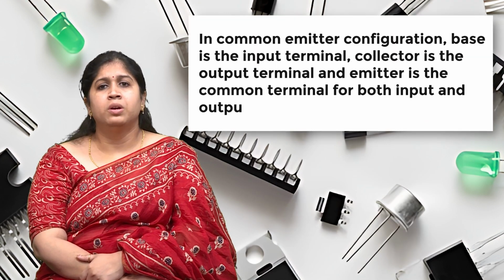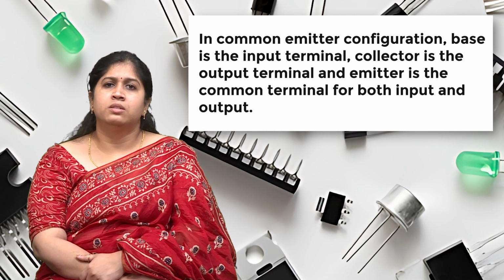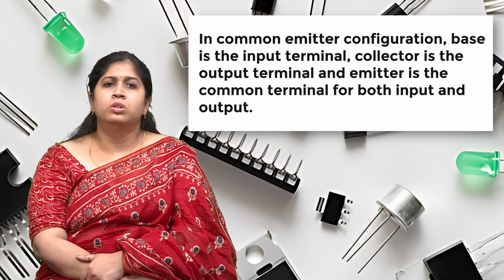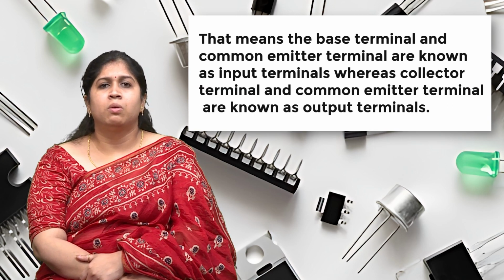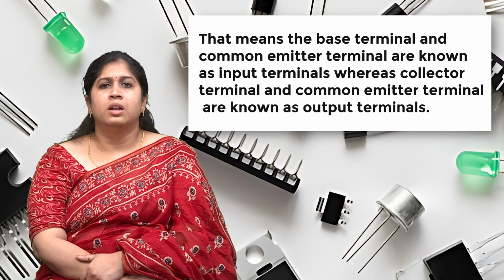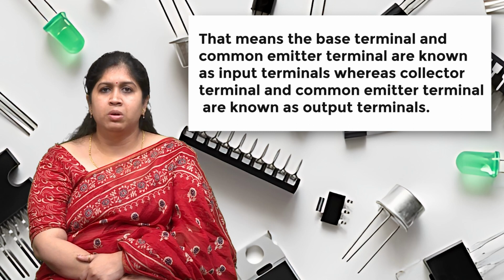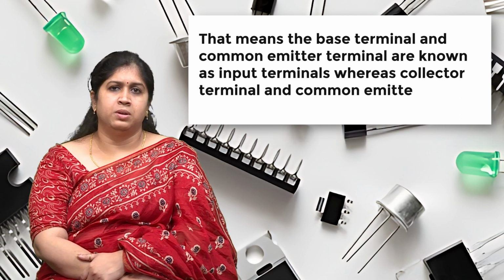In common emitter configuration, base is the input terminal, collector is the output terminal and emitter is the common terminal for both input and output. That means the base terminal and common emitter terminal are known as input terminals, whereas collector terminal and common emitter terminal are known as output terminals.